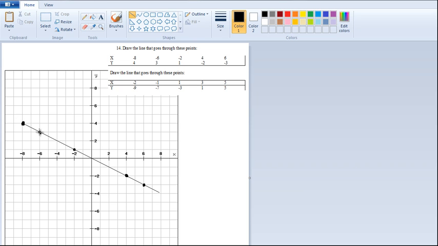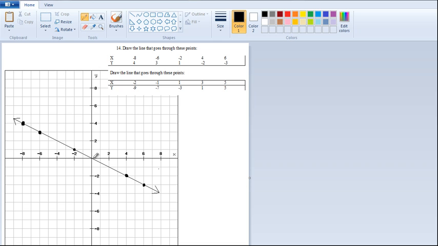One more time. And don't forget the arrows. Same thing here. Okay, now we have to plot 5 more points.